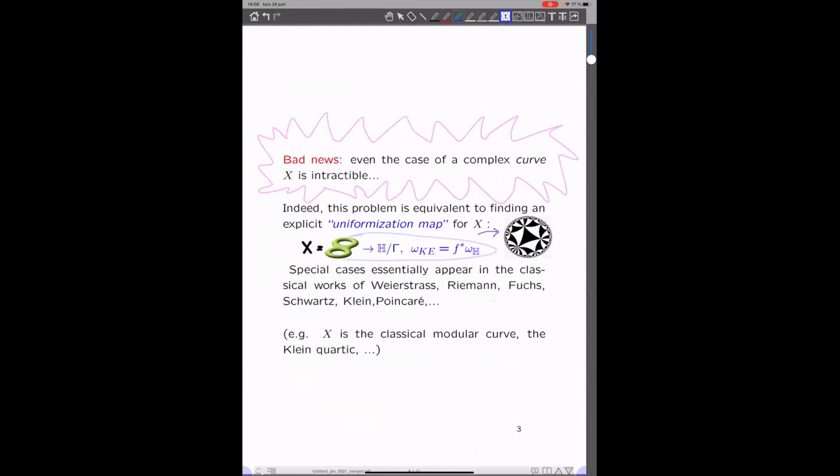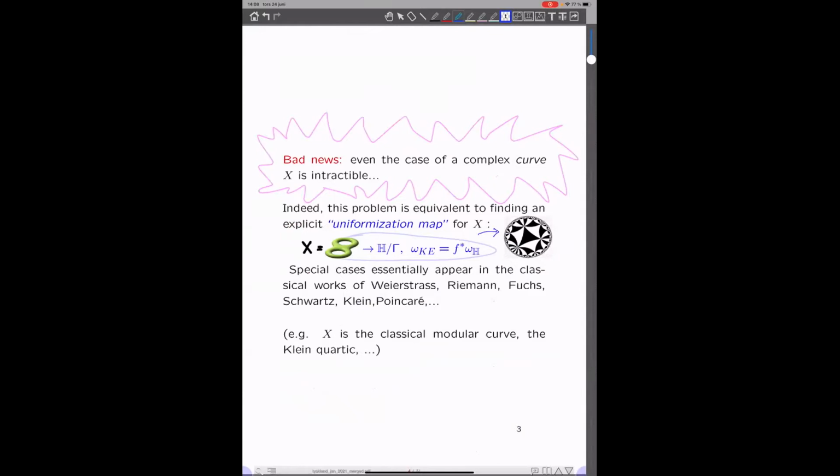Because if we would like to really write down the metric explicitly, that's basically equivalent to finding an explicit uniformization map from our complex curve to the upper half plane modulo some discrete group.